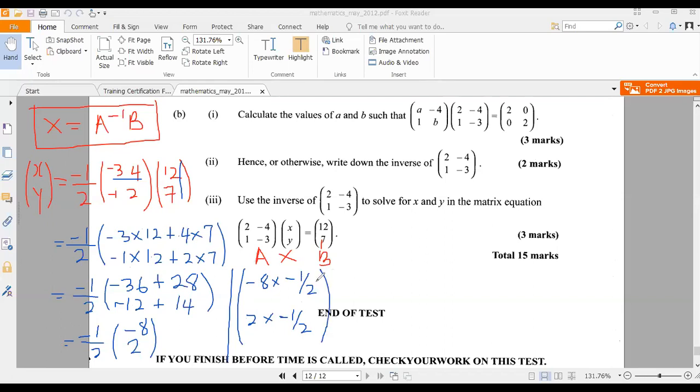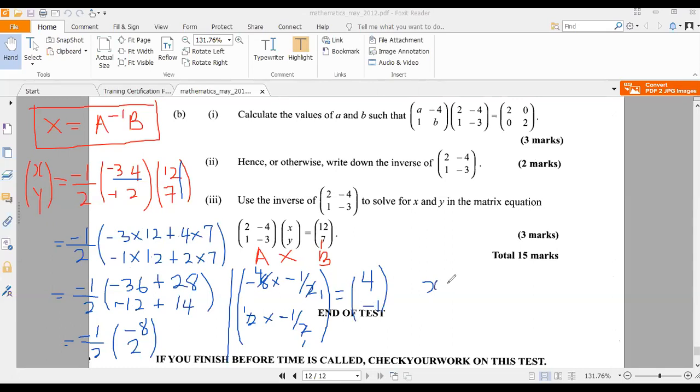Now, 2 goes to 1 one time, 2 goes to 4 two times, right? Then 2 goes to 1 one time, and 2 goes to 1 one time. So what is left is 4 at the top, negative 1 at the what? Bottom.